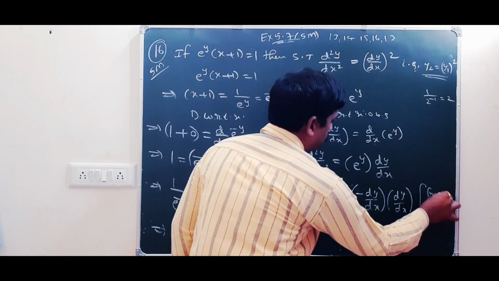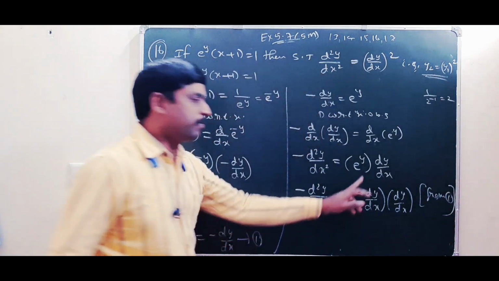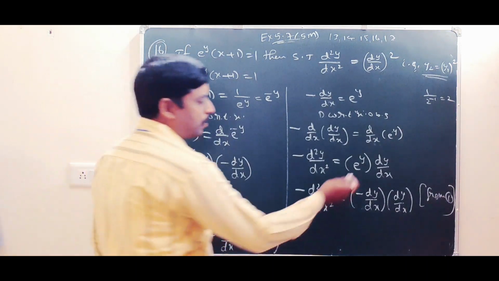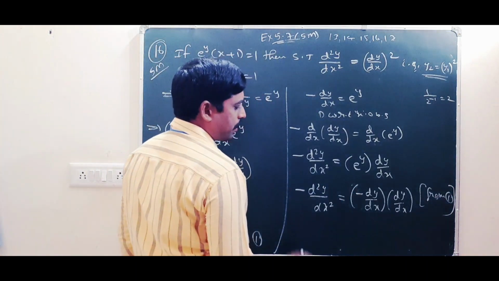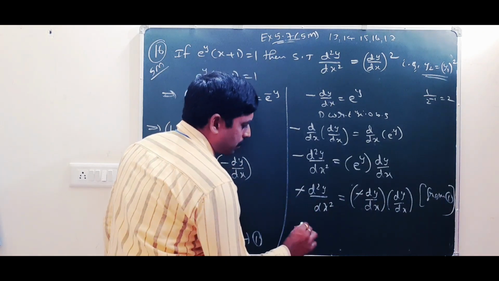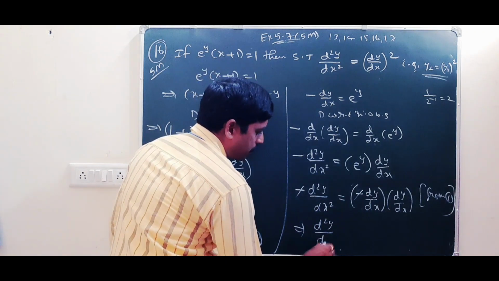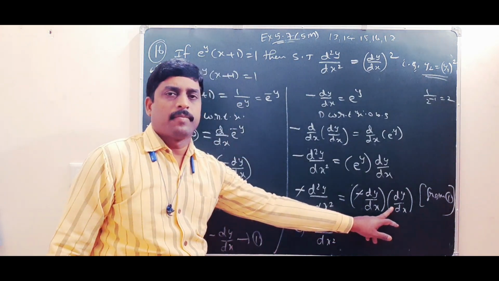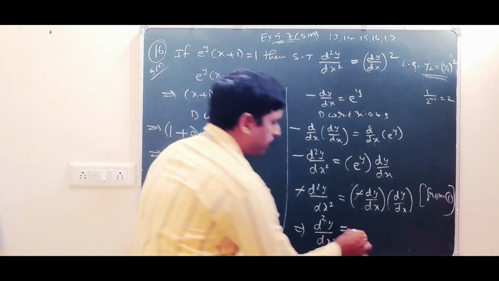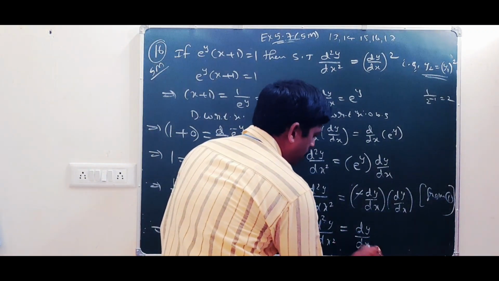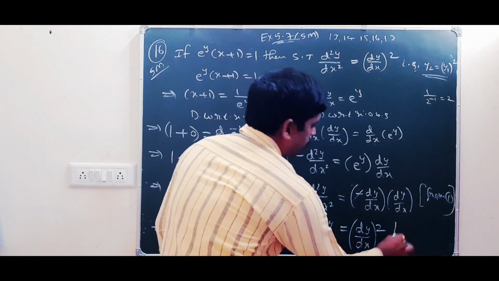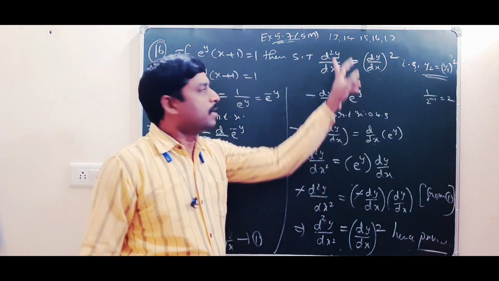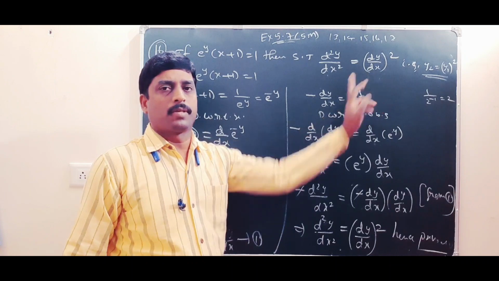On both sides minus gets cancelled. So d square y by dx square equals dy by dx into dy by dx, dy by dx whole square. So hence proved: d square y by dx square equal to dy by dx whole square.